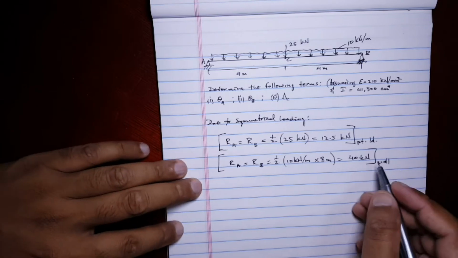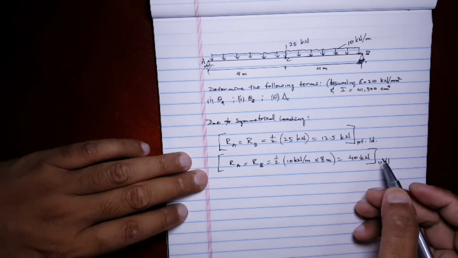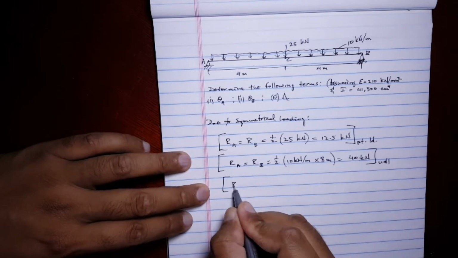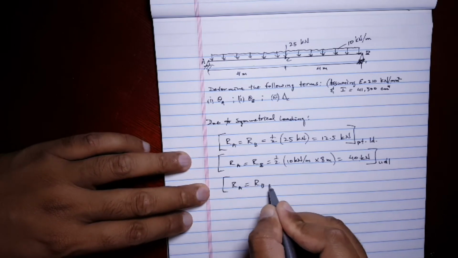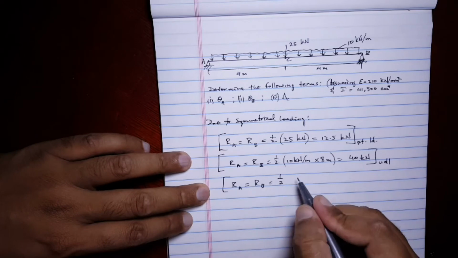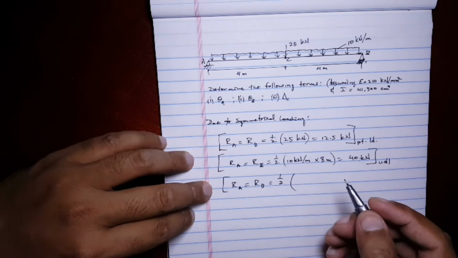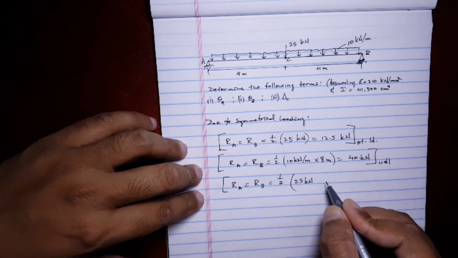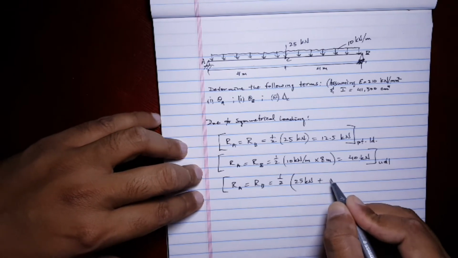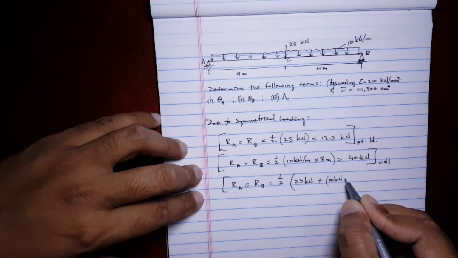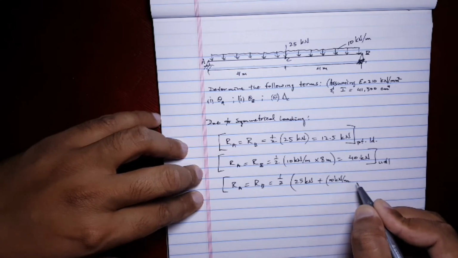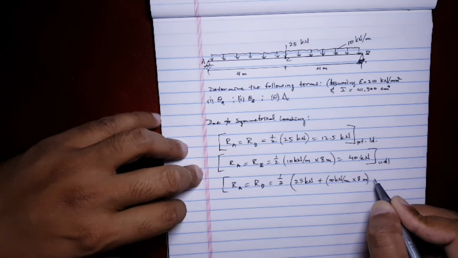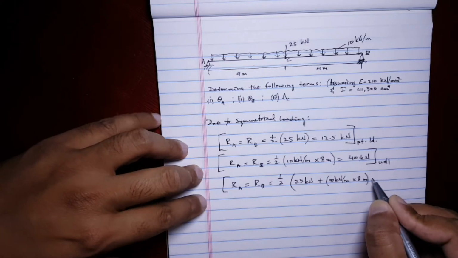Now if you were to combine these two, the calculation would have looked something like this. RA is equal to RB, which is equal to half of 25 kilonewton point load plus 10 kilonewton per meter times 8 meter, right?